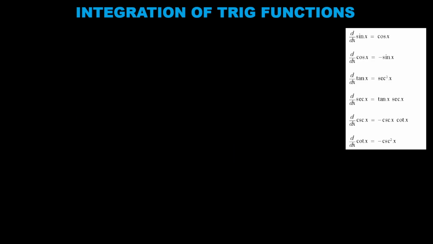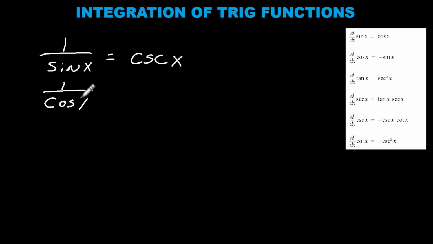Next, we're going to talk about the reciprocal identities. So the reciprocal of sine of x is cosecant x. 1 over cosine x is secant x. Next one is 1 over tangent x is cotangent x.